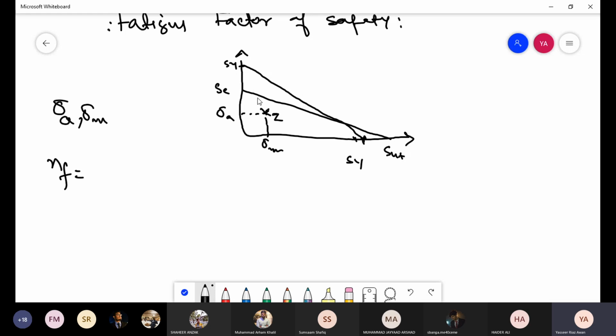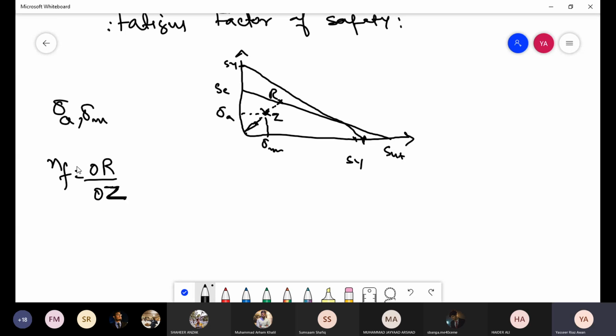The fatigue safety factor is generally taken as the extension of this load line. If I extend this load line, it would meet this modified Goodman line at this point. This point maybe I can call point R. So the fatigue factor of safety would be OR divided by OZ.